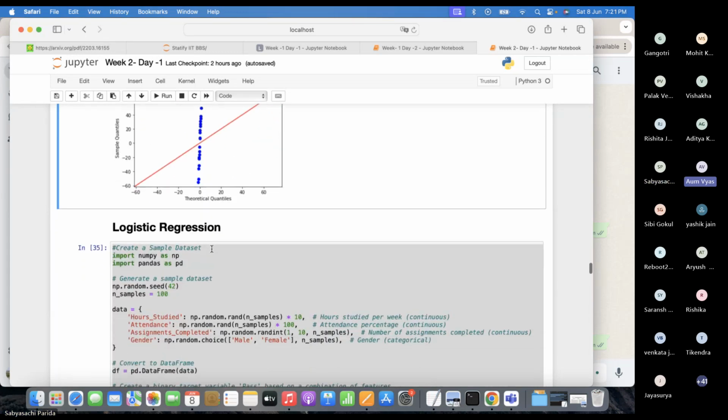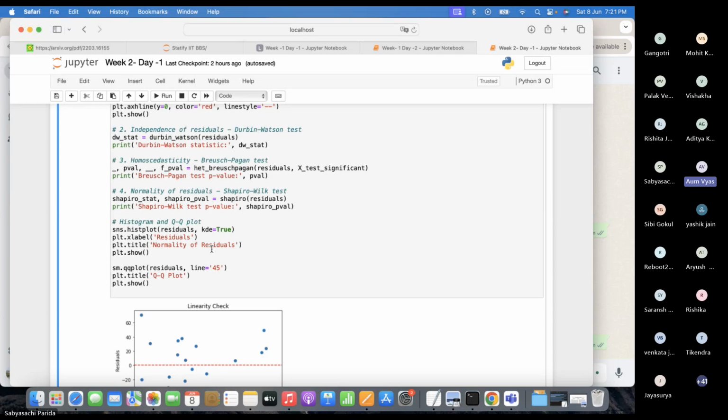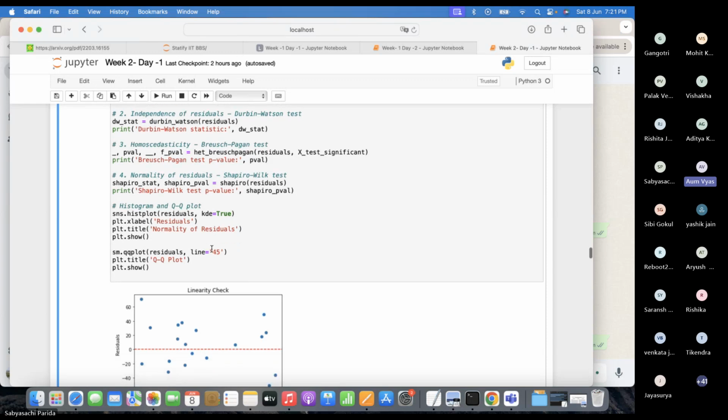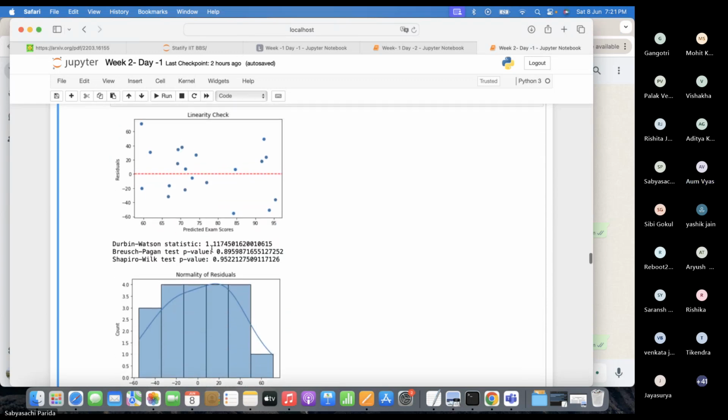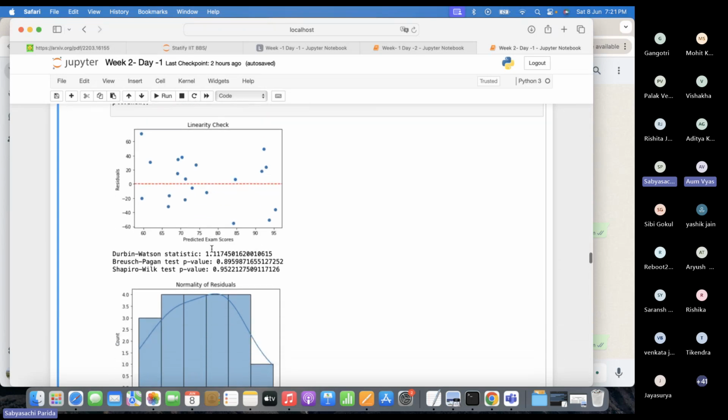Okay. Sir, for the Durbin-Watson statistic also, do we need to follow the 0.05 rule? Like, what should be the value of the DW stat? That I need to check. I'm not sure on this, but for other tests it follows a statistical test, like a t test or a z test, and it just corresponds to the p-value, right?